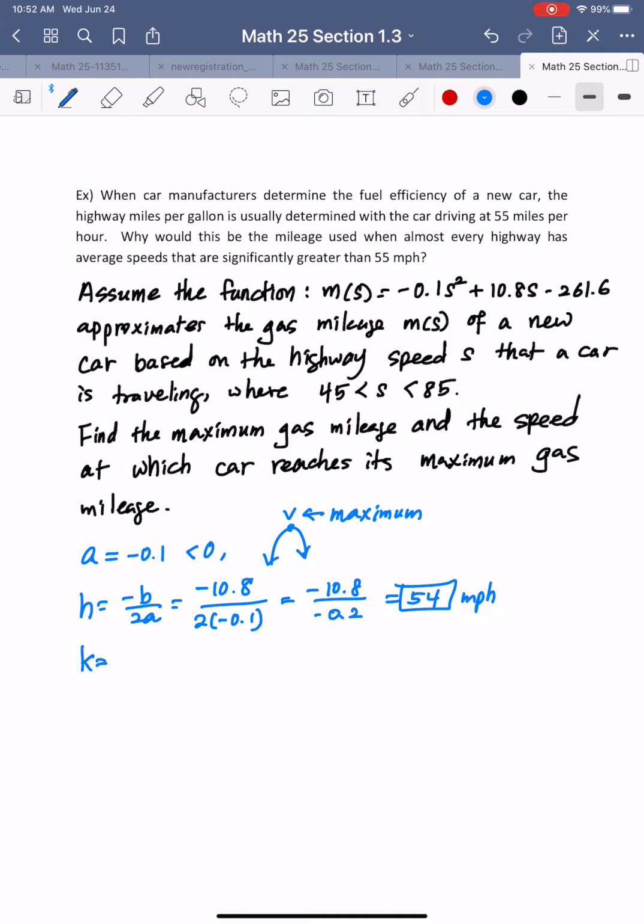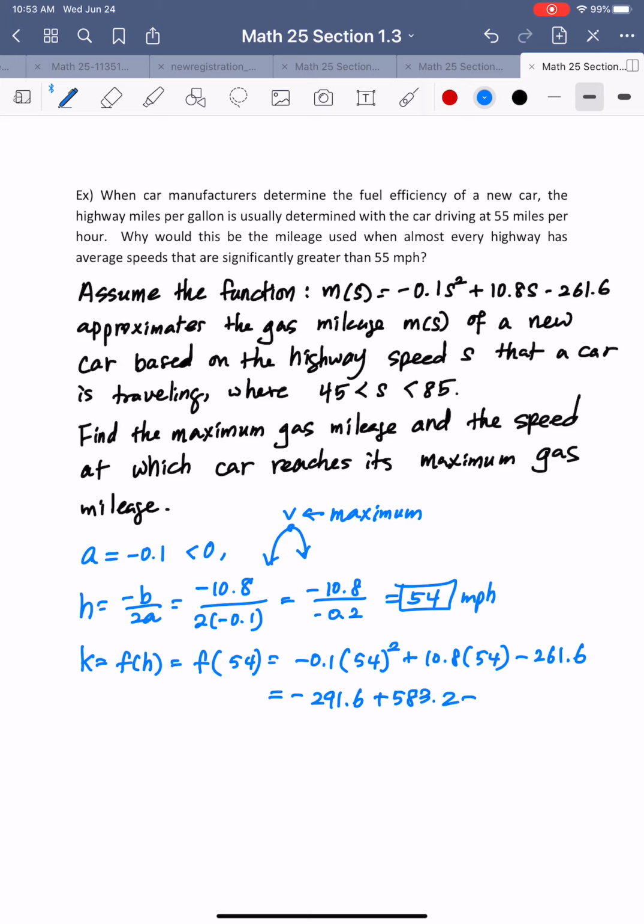Now k is going to be the gas mileage. So f of h, which is f of 54, plug it in. Negative 0.1 times 54 squared plus 10.8 times 54 minus 261.6 becomes negative 291.6 plus 583.2 minus 261.6, which is 30. So the vertex is 54 and 30.